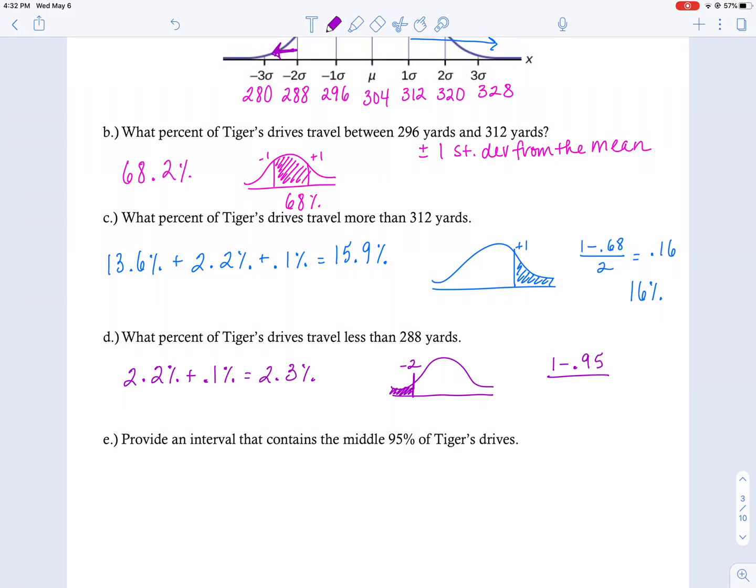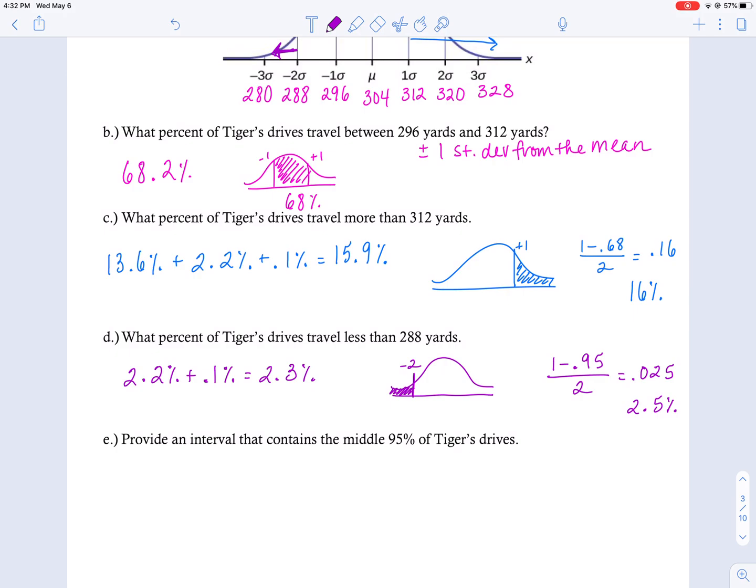But we don't want the 2 outer sections. We only want one of the outer sections. That's why we divide by 2. And if you do that, you get 0.025. If you show it as a percent, it's 2.5%, which is approximately 2.3%.